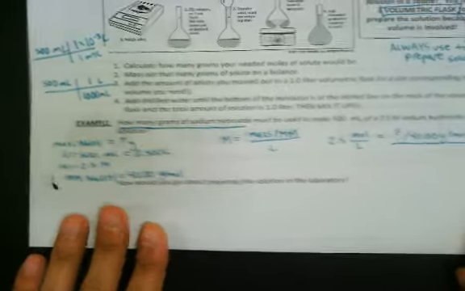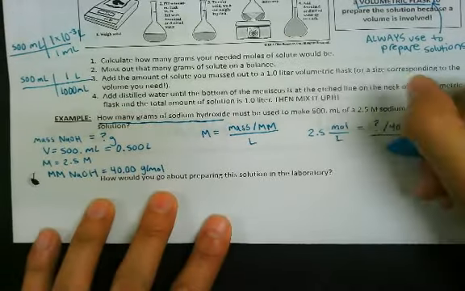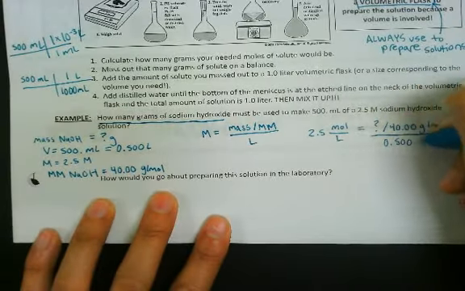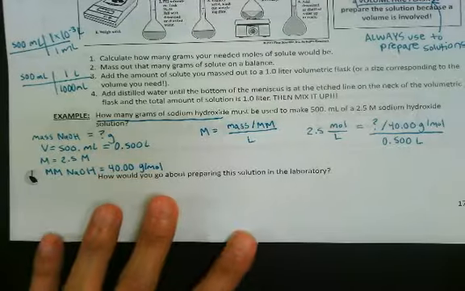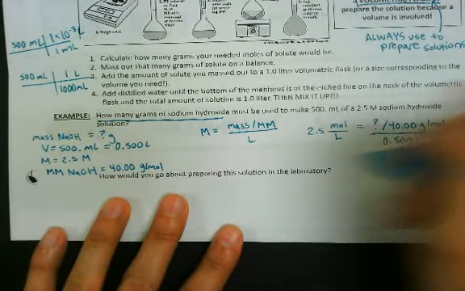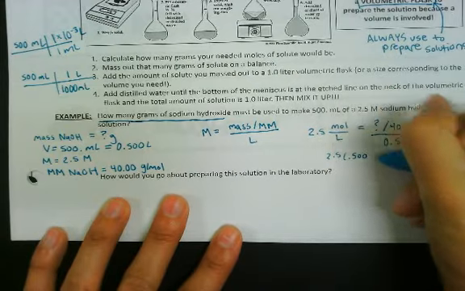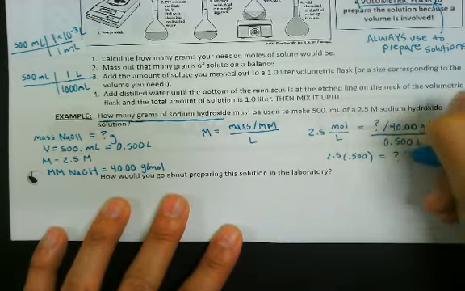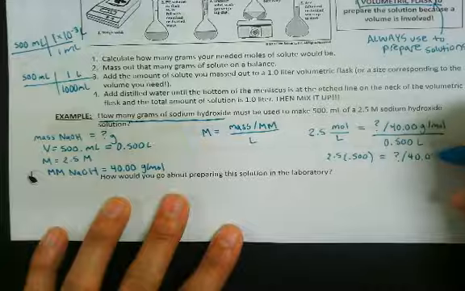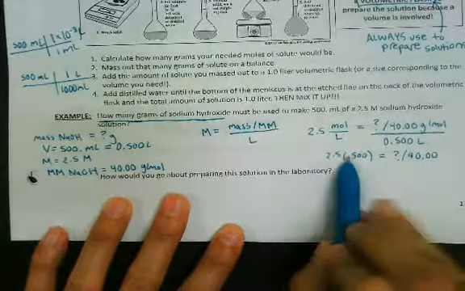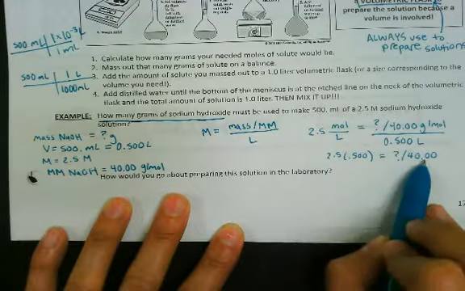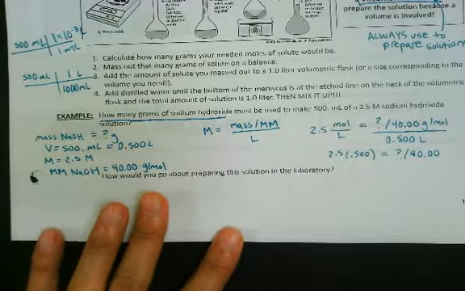No? Okie dokie. So we're going to go ahead and plug that value of our liters in right there. Hopefully y'all were able to do the 2.5 times the 0.500 and then solve for your mass by multiplying the product of these by our 40.